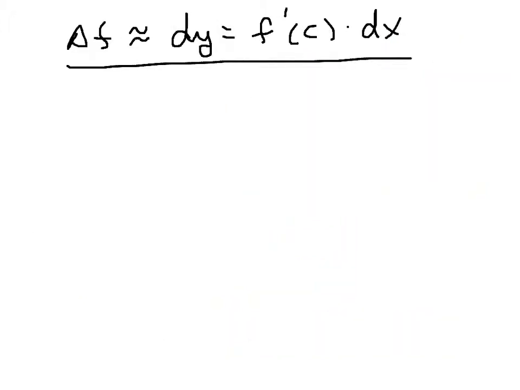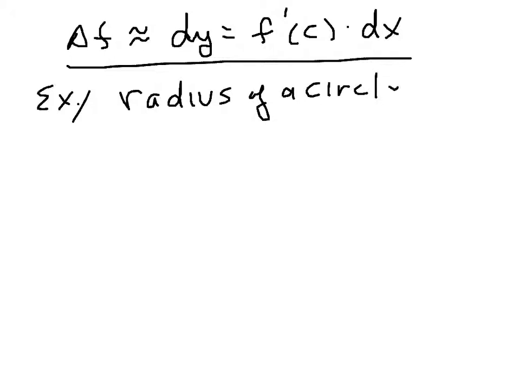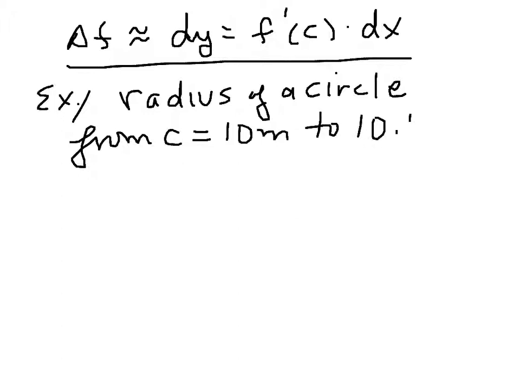So let's put these ideas into practice with a simple example. Suppose we have the radius of a circle, and it's increasing from, let's say, c equals 10 meters to 10.1 meters.